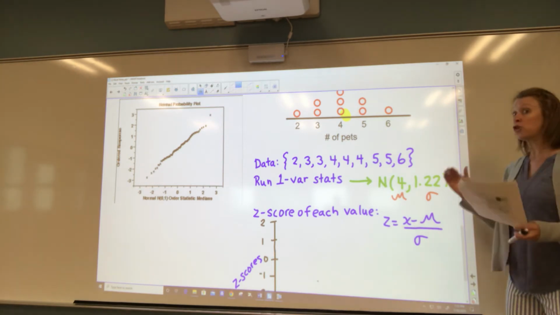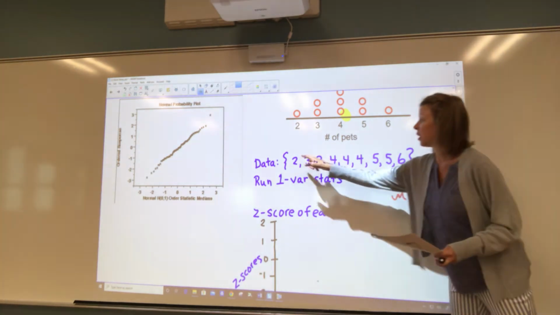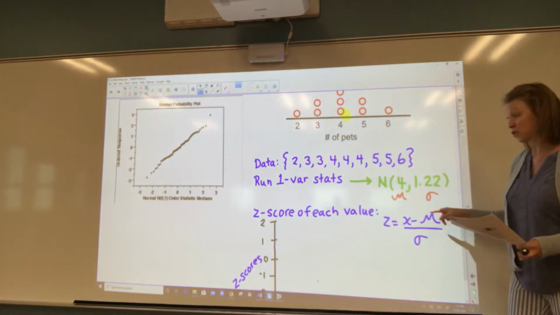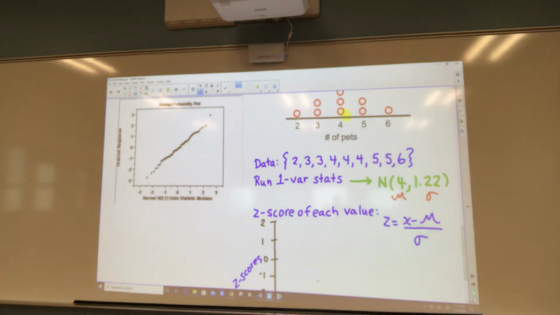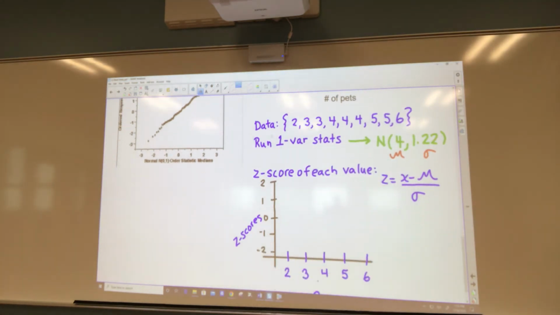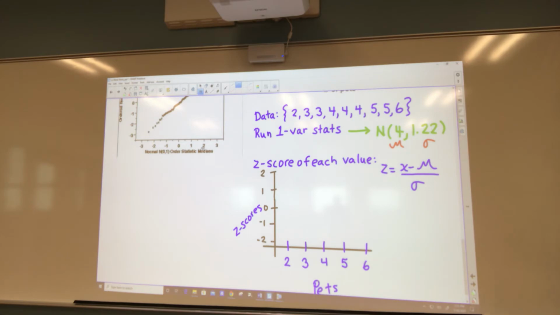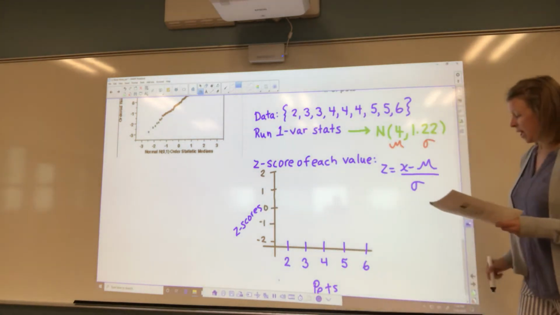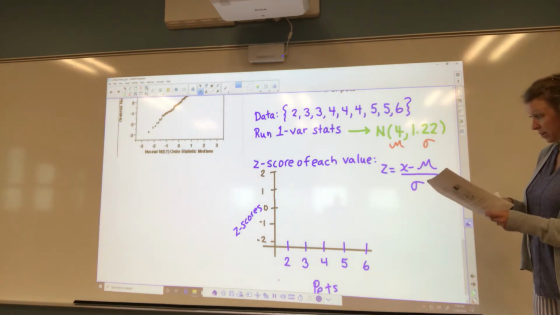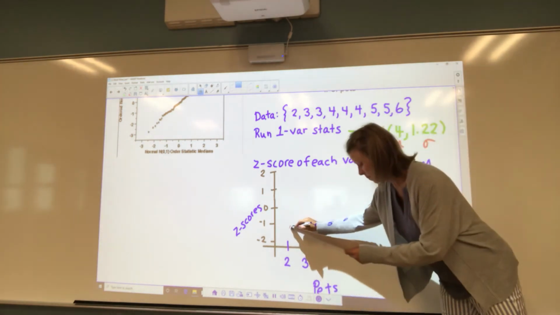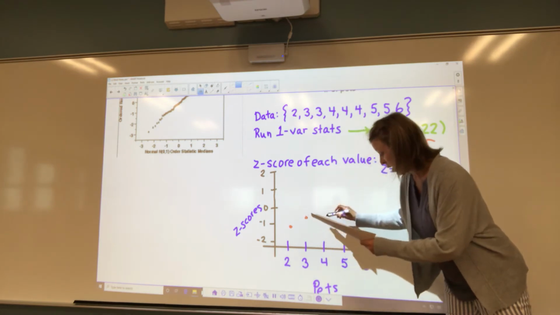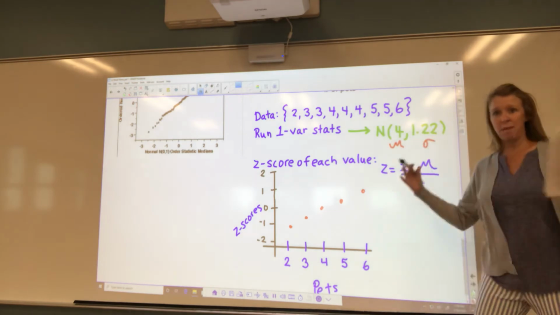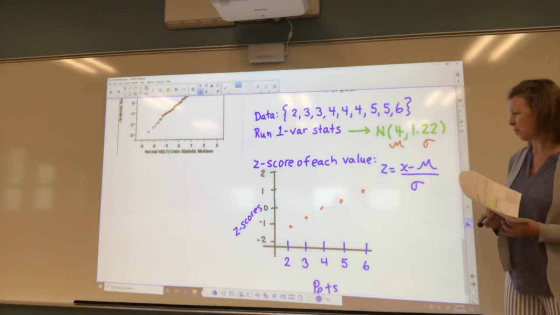If I took the time to convert each of these answers into a z-score, and then plot my answers along with their z-scores, I'm going to get a plot that looks something like this. Now, this is going to be perfectly in a straight line because I made this a perfect, exact bell-shaped curve, okay?